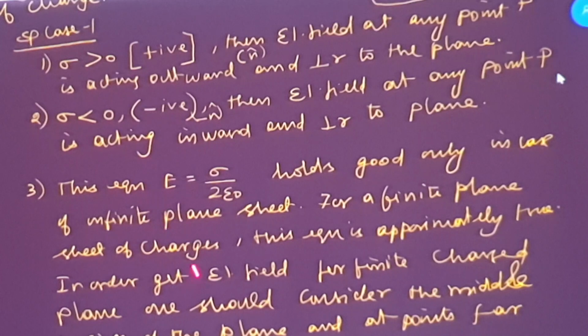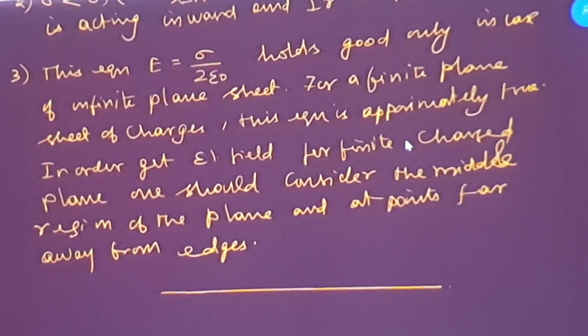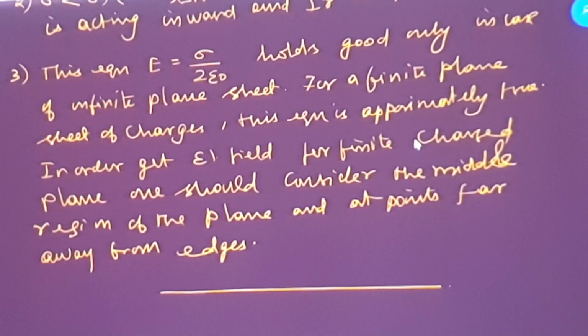If you are considering a finite charged plane sheet, then for calculating the electrical field, we have to consider the midpoint or the middle region of the plane, and that midpoint should be far away from the edges. That is what we are considering as the expression for the electrical field at a point due to an infinite plane sheet of charge.